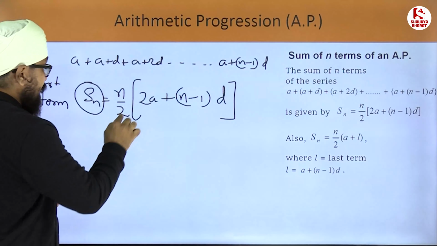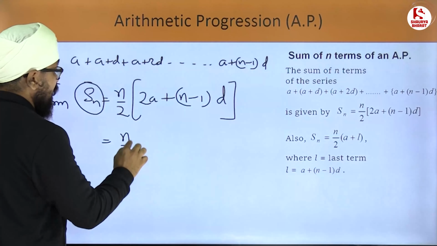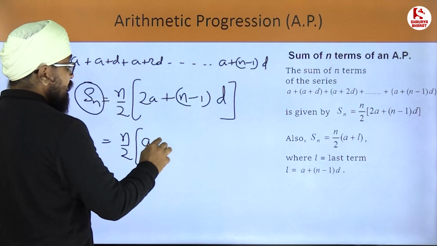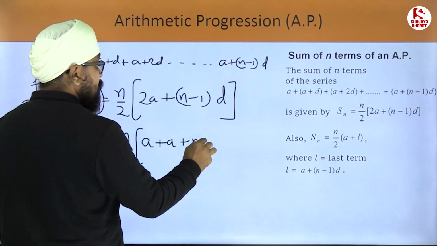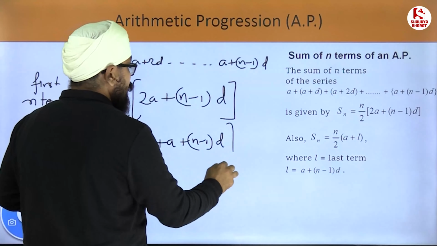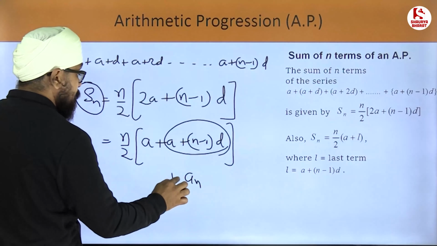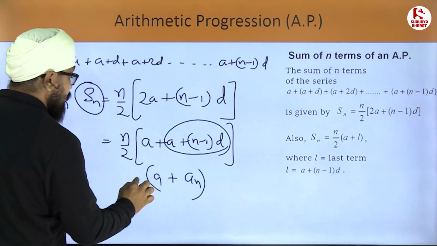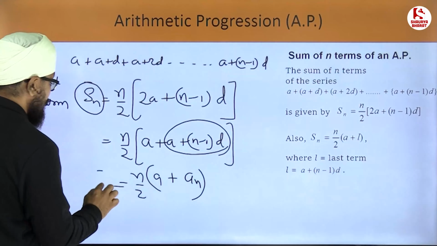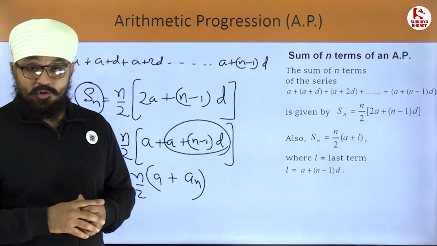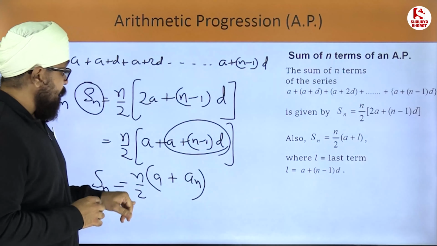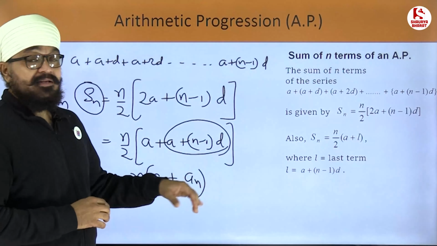Clear? And if I break this particular formula, I will have n upon 2, this is a, and a plus (n minus 1)d. So we know that this particular format is for the nth term. That means the formula can also be written in this way: Sn, the sum of the first n terms, is n upon 2 times (first term plus last term).